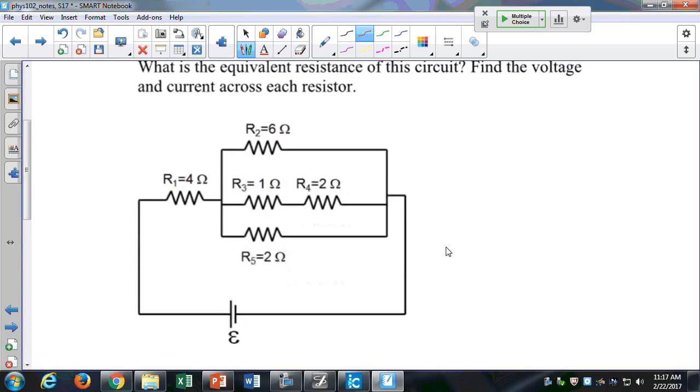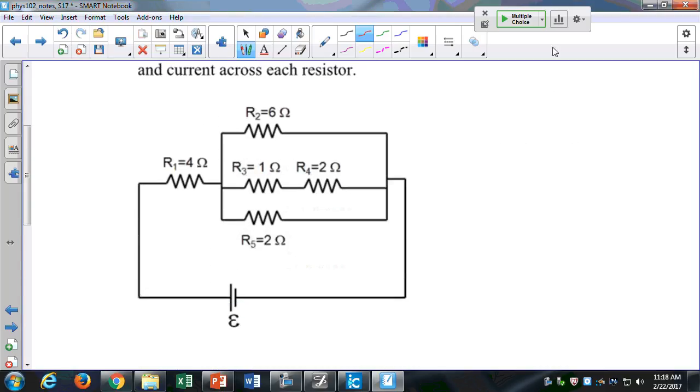This is a little more complicated, but not that much more. Why don't y'all take just a minute? I want you to find the equivalent. Let's make this 10 volts. All right? We'll make that 10 volts. I think that'll work out right.